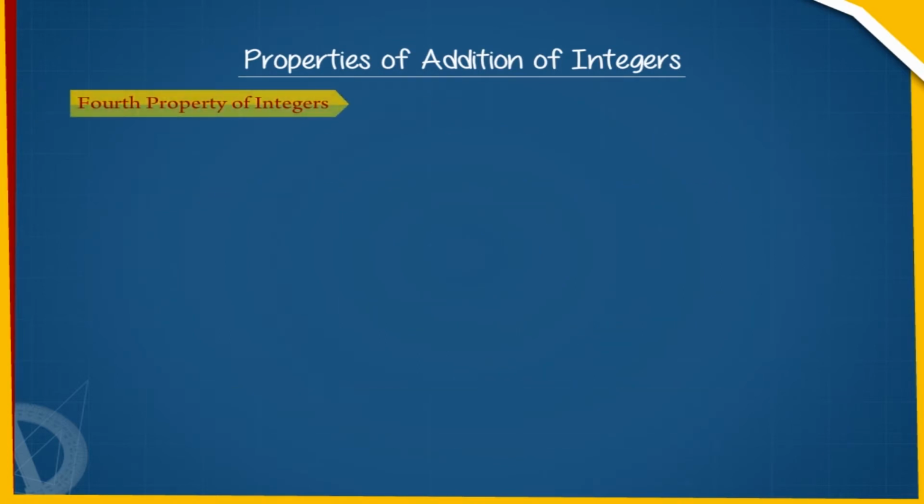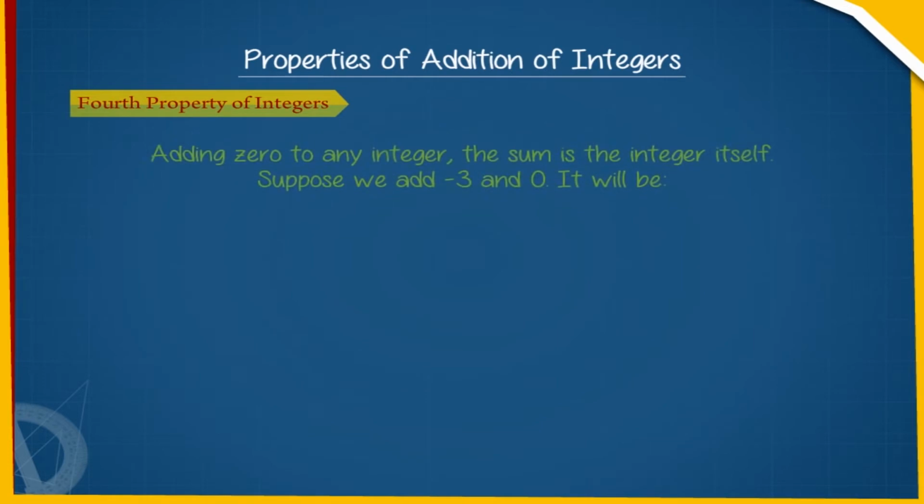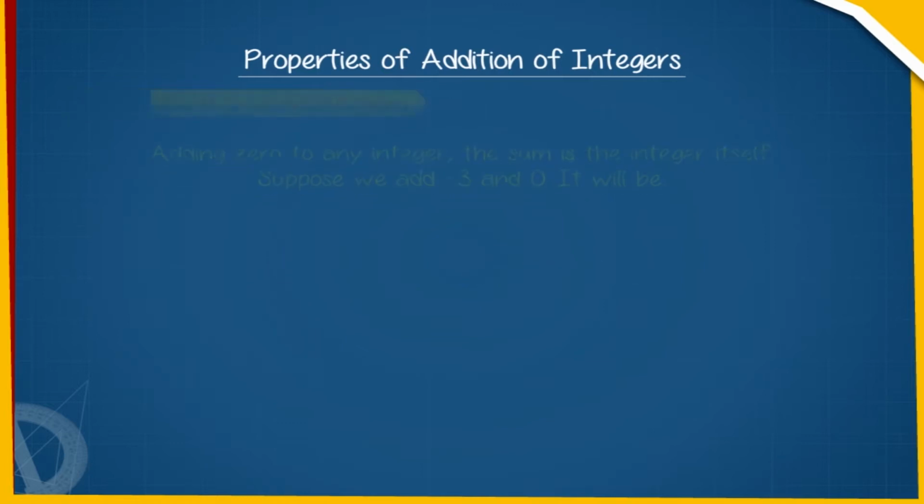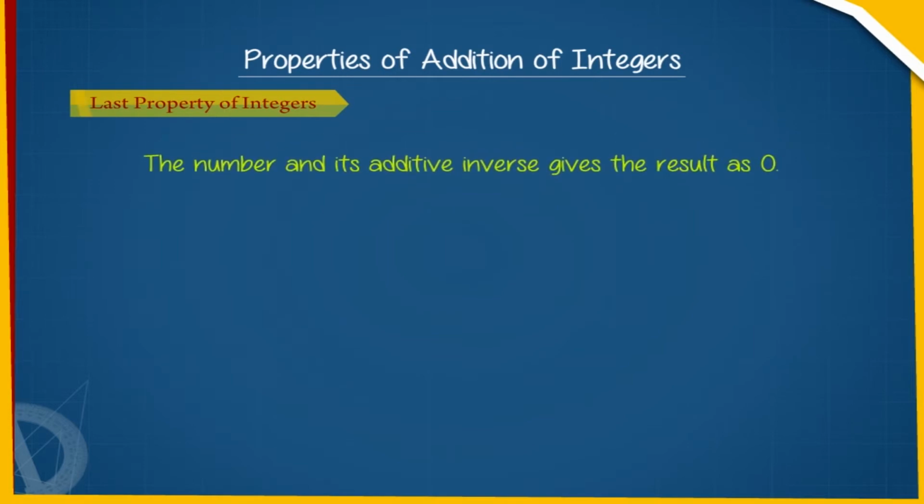The fourth property says that on adding 0 to any integer, the sum is the integer itself. Suppose we add minus 3 and 0, it will be minus 3 plus 0 is equal to minus 3. The last property says that for every integer, there exists an integer which, when added to the original integer, gives the sum 0.